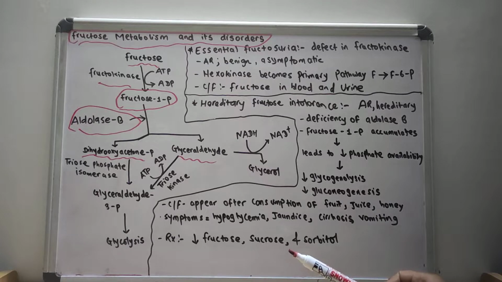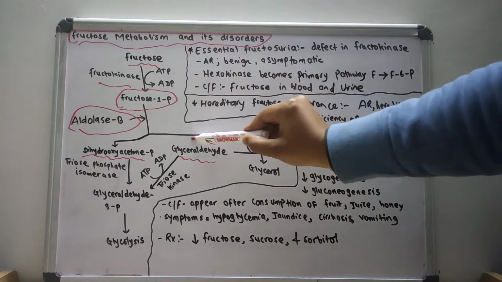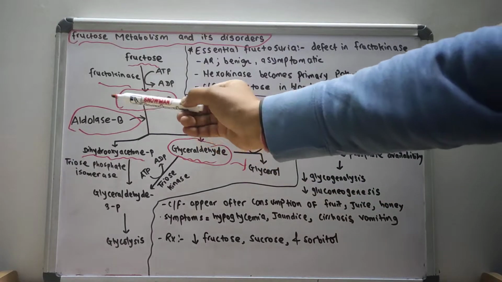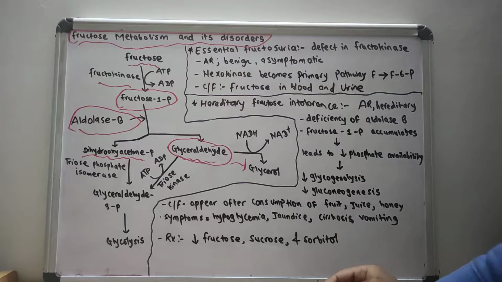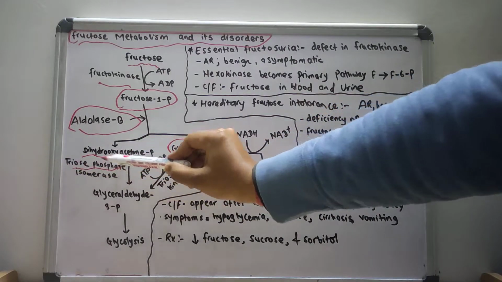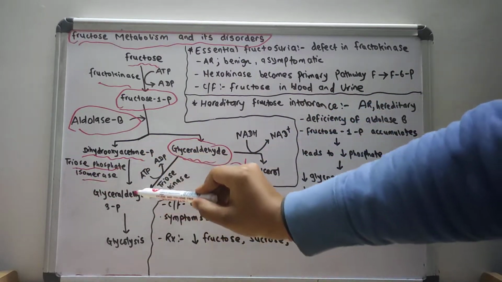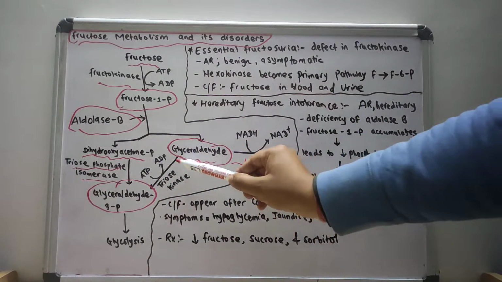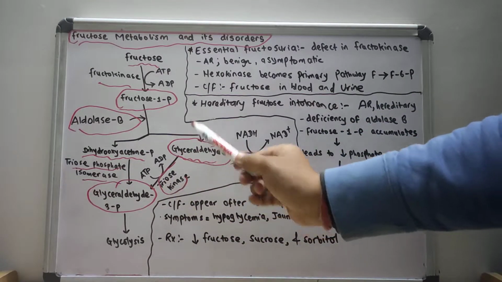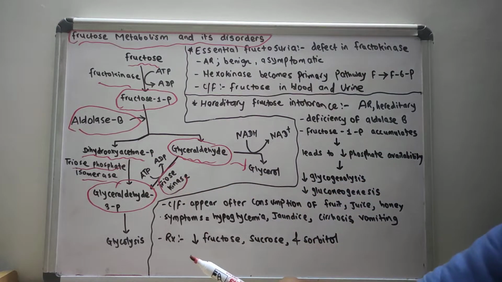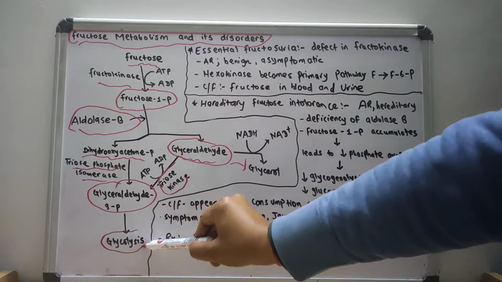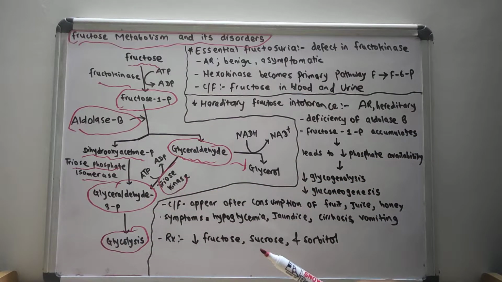After forming, the glyceraldehyde is metabolized to form the glycerol, whereas the dihydroxyacetone phosphate, by the action of the enzyme triose phosphate isomerase, is converted to glyceraldehyde 3 phosphate. And with the help of triose kinase, the glyceraldehyde is also converted into glyceraldehyde 3 phosphate, and ultimately the glyceraldehyde 3 phosphate goes into glycolysis.